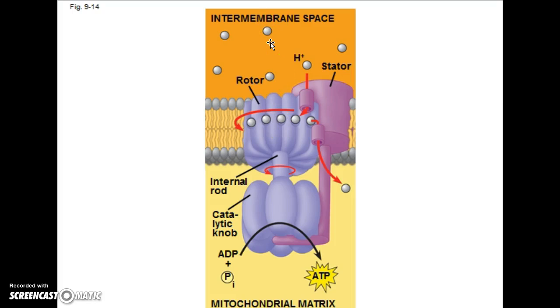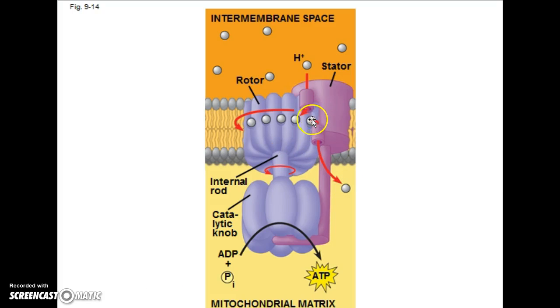It works first by having a hydrogen ion enter a small channel in the stator, which is then connected to the rotor. The rotor accepts the hydrogen ions, and it causes the rotor to rotate, as we can see by the arrow there. Each ion will rotate one time around the rotor before exiting through another little channel, and it's now inside the mitochondrial matrix.